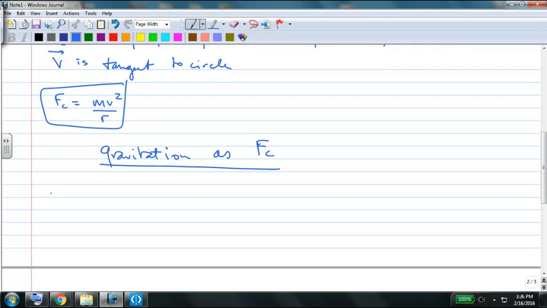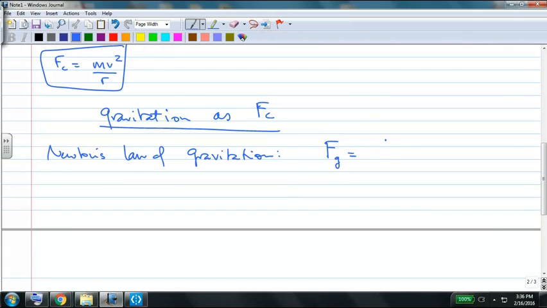Just a quick reminder about Newton's law of gravitation. I'm pretty sure you've seen this. And this just says for any two things that have mass, they have a gravitational force between them. It's an attractive force, and it's equal to capital G times m1 times m2 over, and we've used d squared and r squared.